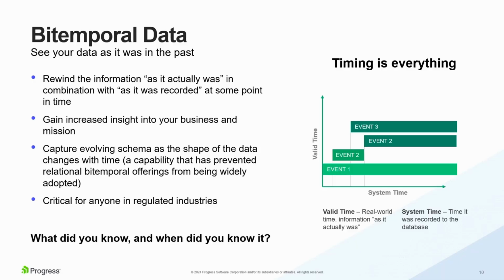You can't go to your current database and query it as it existed 25 years ago because it doesn't look the same. With us, every single record can be different from every other record. You can create SQL views that make them consistent, so you can query them as if they were all the same, but they don't have to be the same. So you can have your 25-year-old data with whatever fields were being used 25 years ago, your current data with whatever fields you're using today, and recreate the databases that existed in the past.